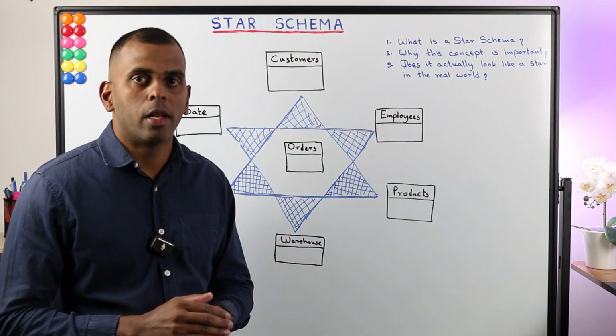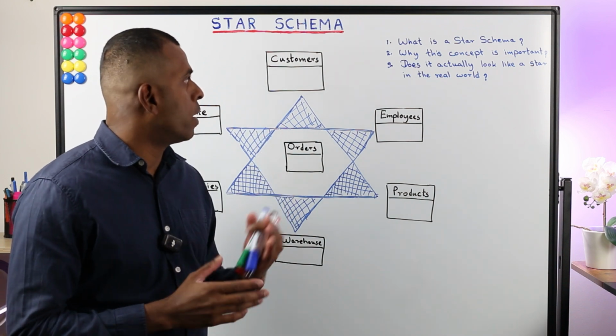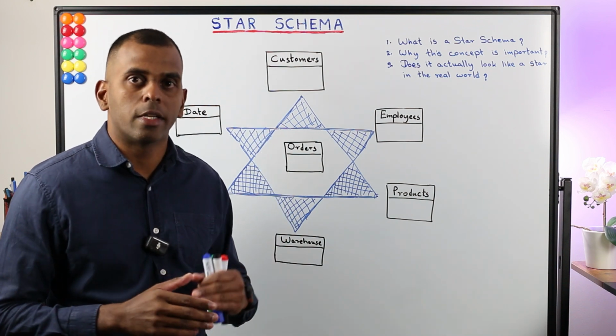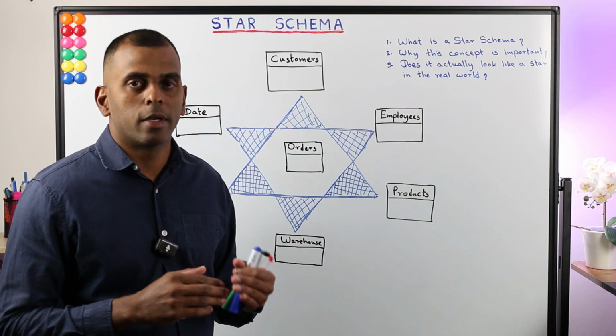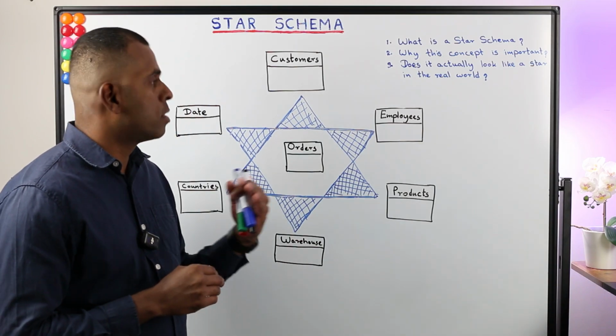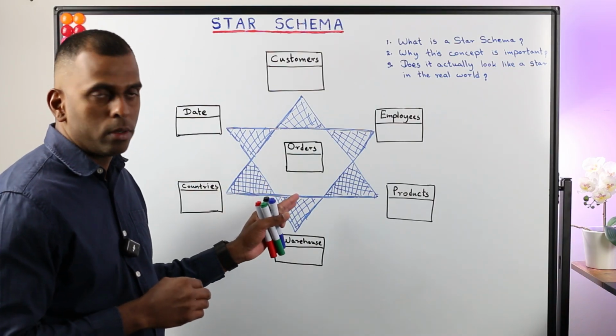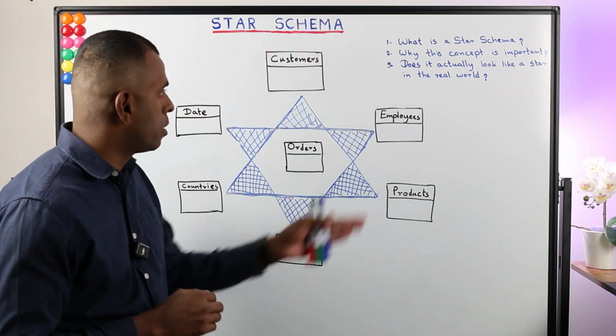In this video, I will explain what a Star Schema is, why this concept is important, and whether it actually looks like a star in the real world. So in a Star Schema, we already said there is one central table, which is called the fact table, and dim tables.